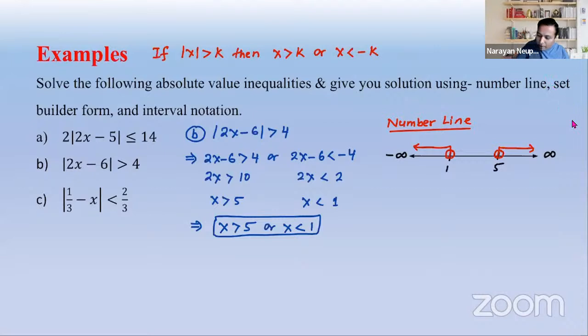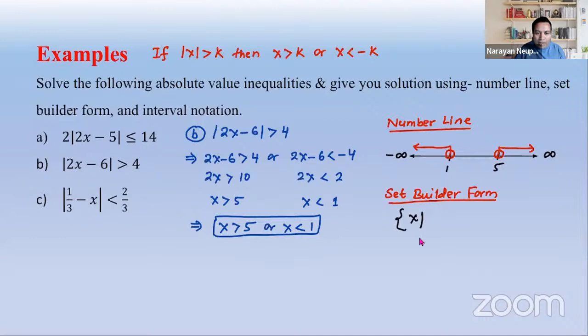Next, we are going to write the solution using set builder notation. So let's do that. Set builder form. In set builder form, we write it as a set of all x such that, curly bracket for set, of all x, because we are talking about the x values, such that here is the condition: x should be greater than 5 or x should be less than 1.